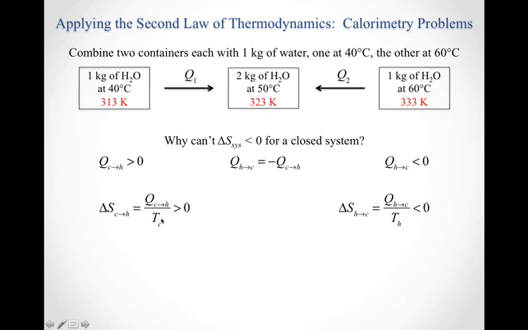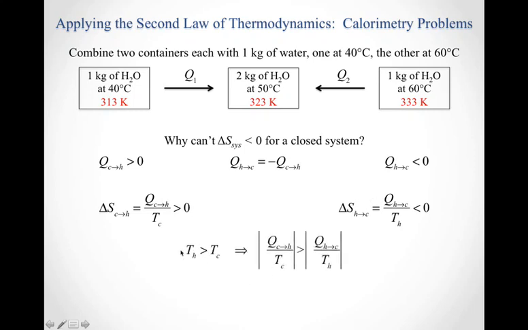And so I know that for the cold stuff, when it takes that energy in, because the Q is positive, the entropy change is going to be positive. For the hot stuff, as it gives energy up, because Q is negative, the entropy change will be negative. The absolute values of these Q's are the same, but these temperatures are not.